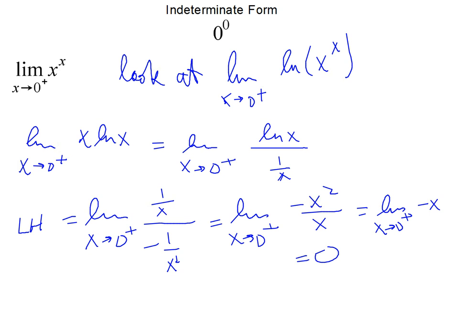But once again, this is not our final answer. We need to go back in and exponentiate this, so we end up with e to the power of 0, which is 1, as our final answer.